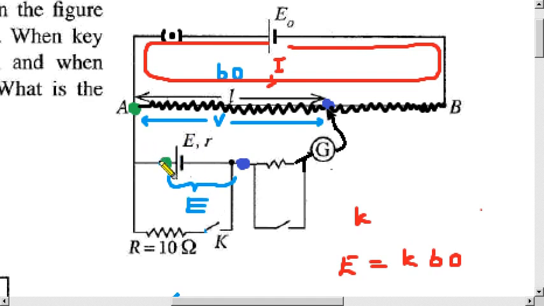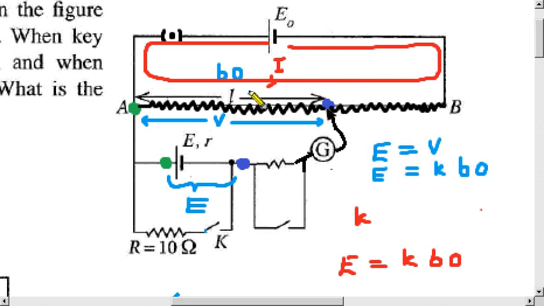So you can see green dot, blue dot. Therefore this E should be equal to this voltage. So therefore we can write E equals this voltage, but this voltage is equal to K times 60. We can write like this then.